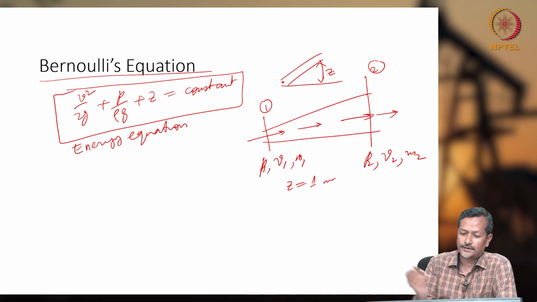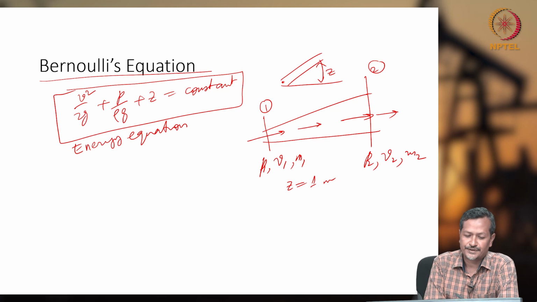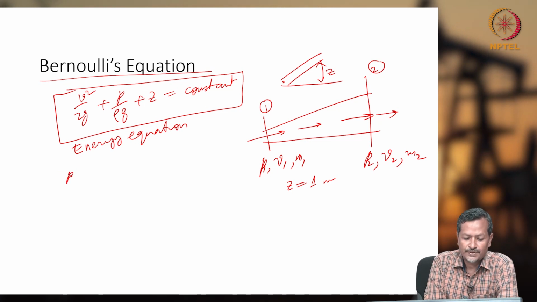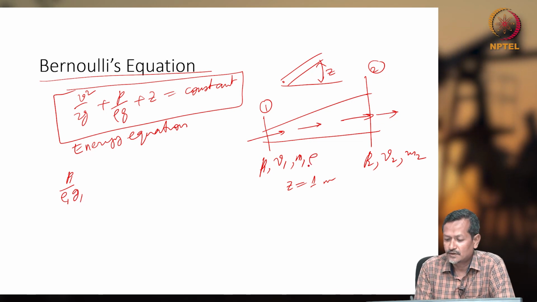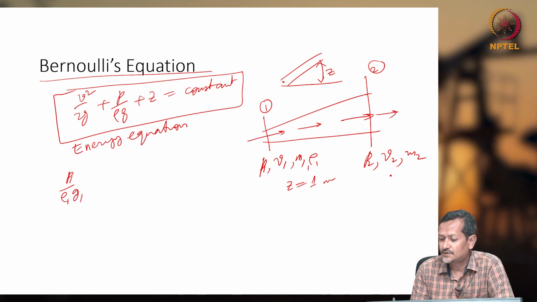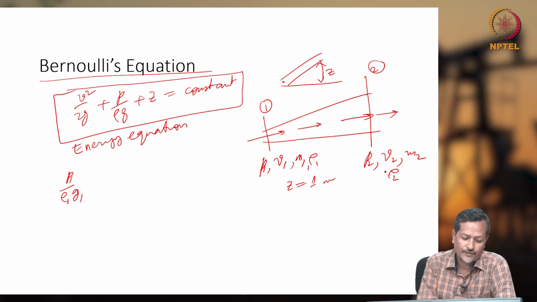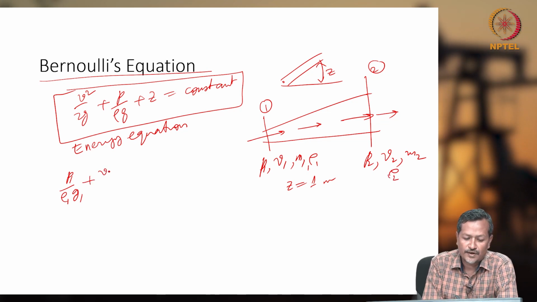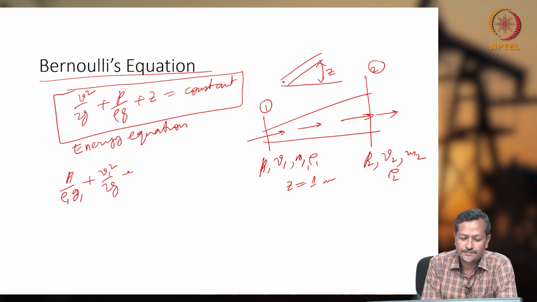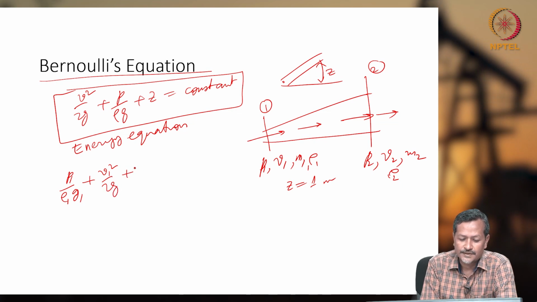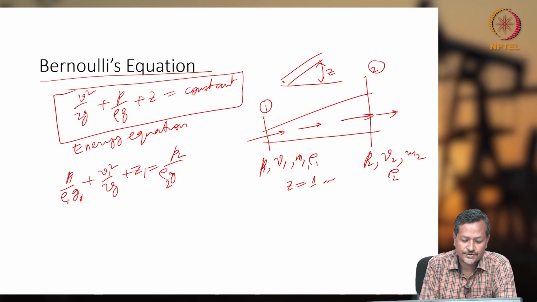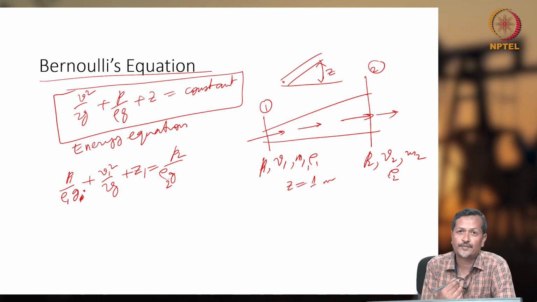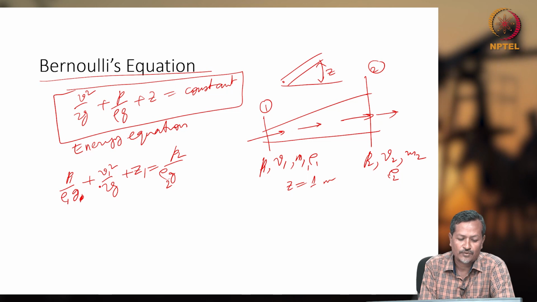Now, how to apply the Bernoulli's equation there? Bernoulli's equation will be applied like this: P1 by rho 1 g, this is rho 1, this is rho 2, plus V1 square by 2g plus Z1 equals P2 by rho 2 g, not G1. This is gravitational constant, so we cannot put G1.